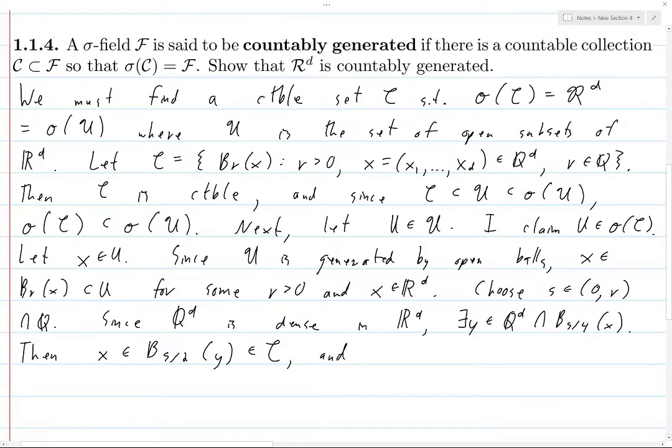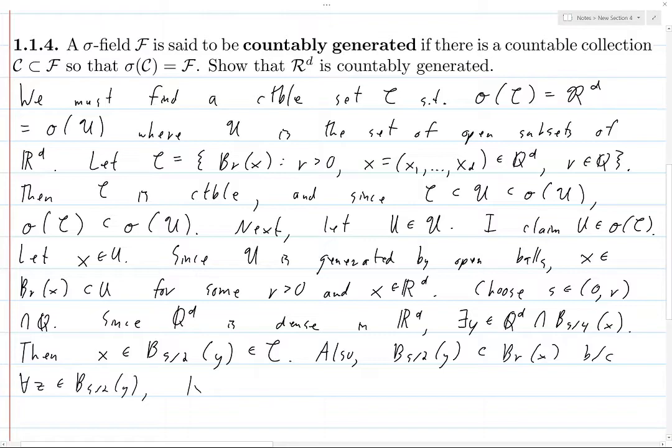And what else? The ball of radius S over 2 centered at Y is contained in the ball of radius R centered at X, because for all elements, say Z, in the ball of radius S over 2 centered at Y, what is the distance between X and Z? Well, it's by the triangle inequality less than the distance between X and Y plus the distance between Y and Z. The distance between X and Y is less than S over 2.